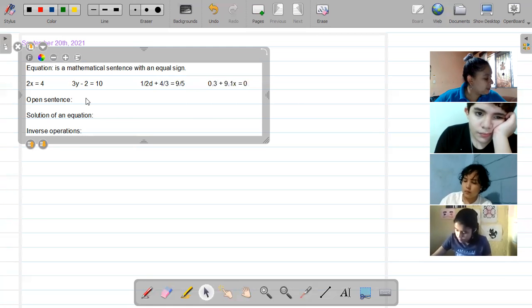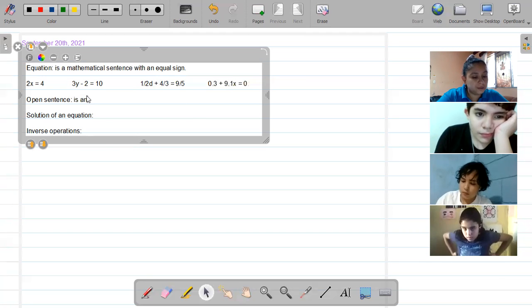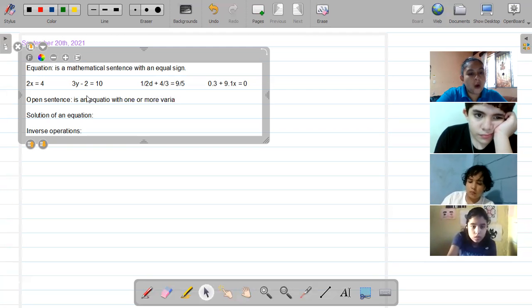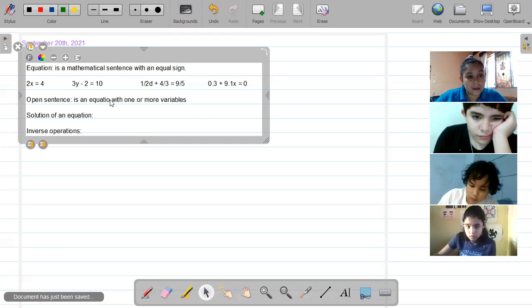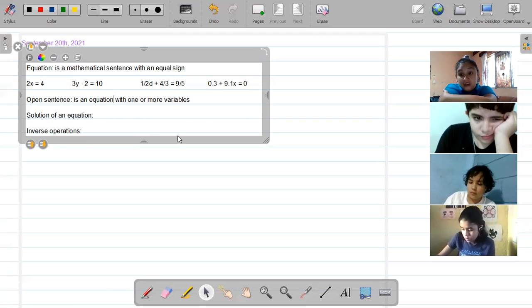Now, what is an open sentence? An open sentence is an equation with one or more variables. Why is it called an open sentence? Remember, a variable is an unknown value. We do not know the value of a variable.